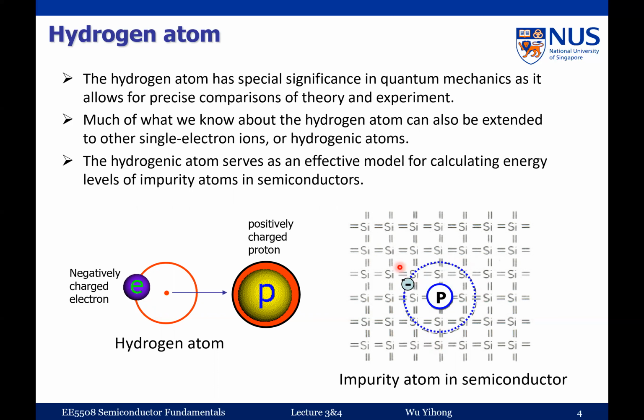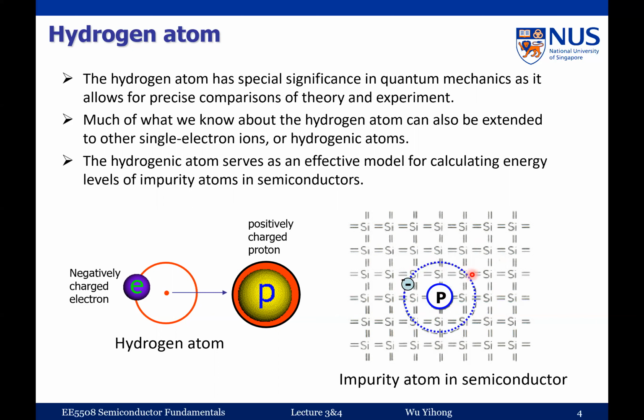For example, if you have a host crystal which is silicon, a very important type of semiconductor, and we're not going to detail it now, I'll talk about all this later. But at this moment, just know that in this kind of semiconductor, if you replace, for example, silicon by phosphorus, it has an additional valence electron, and then you get one extra electron, which is loosely bonded to the nucleus of the impurity atom.